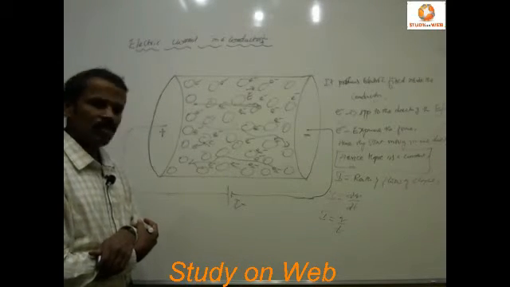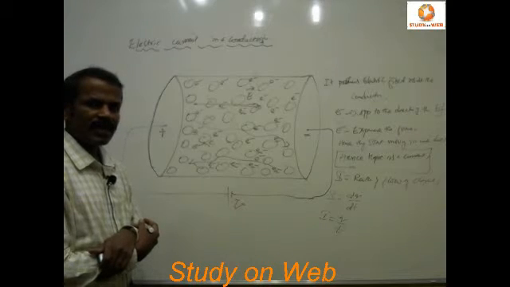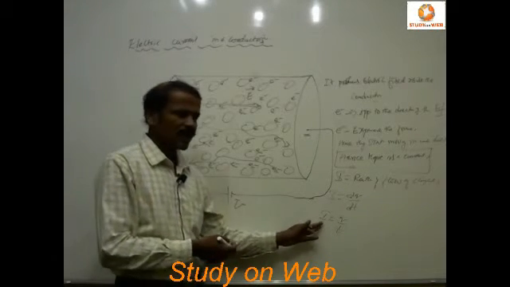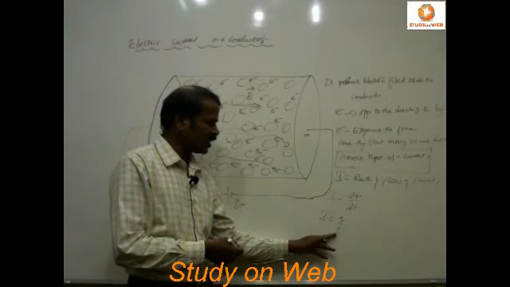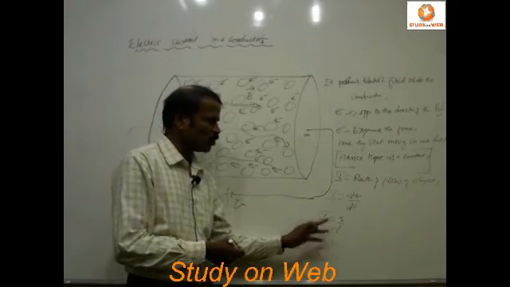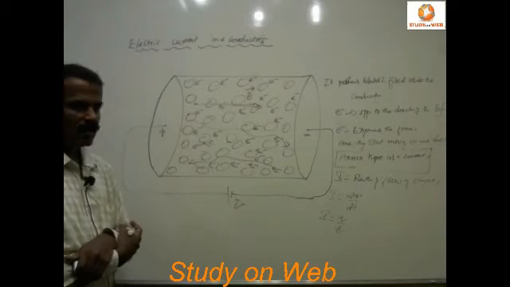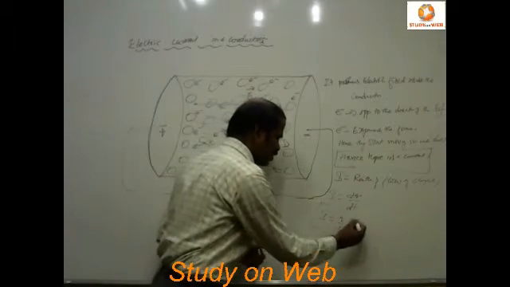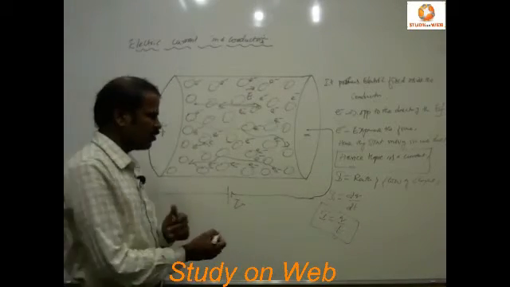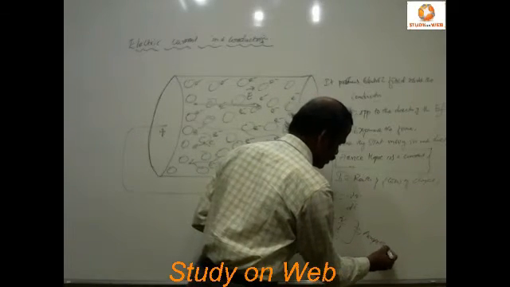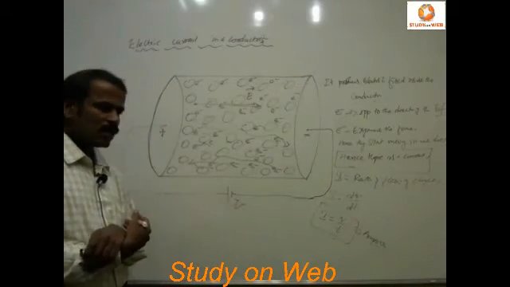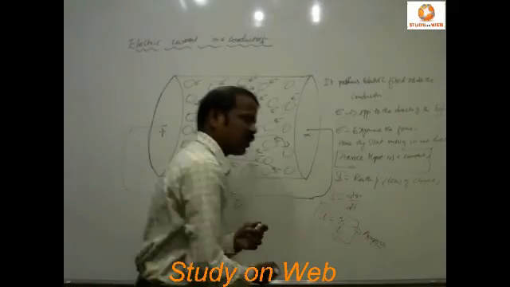Then the current is the ratio of the net charge flown from one end to the other end to the time taken. This is how we define the current. The SI unit of current is ampere.